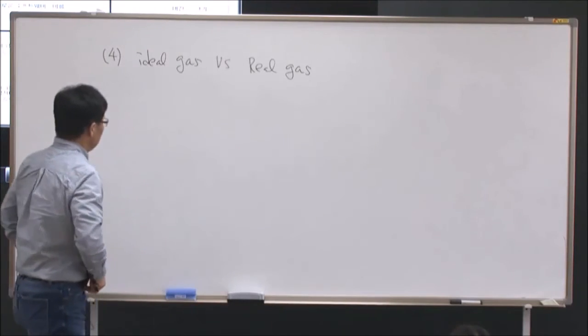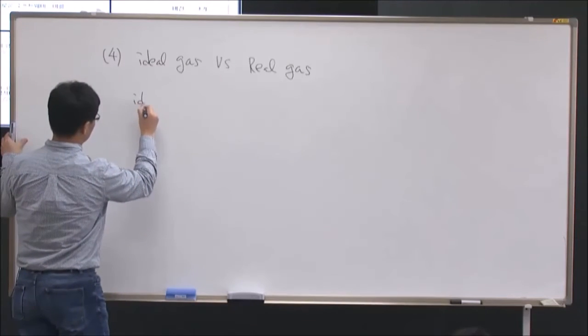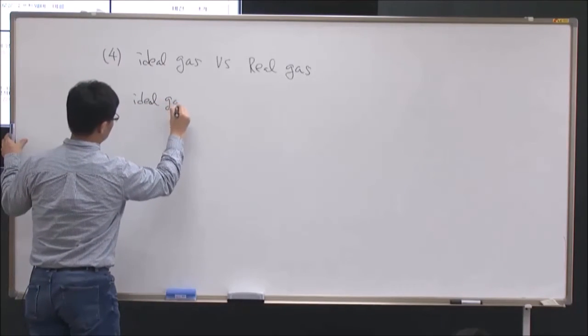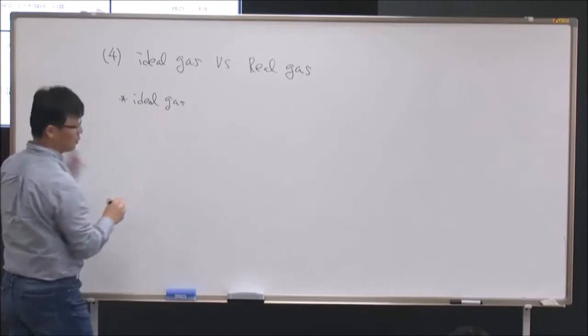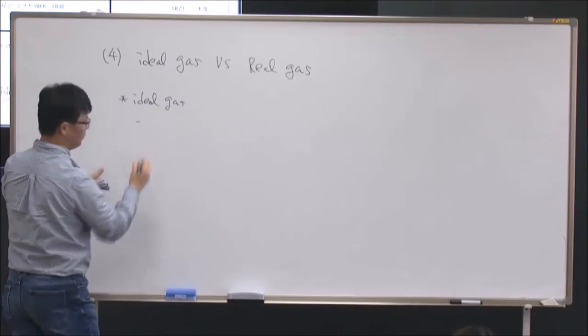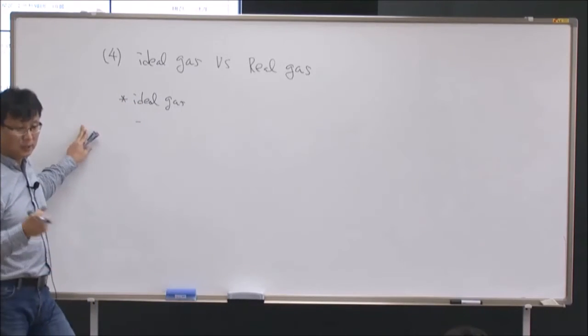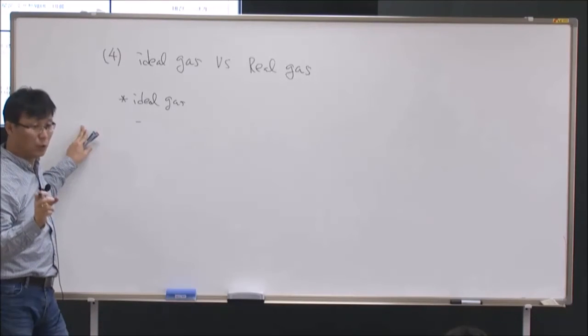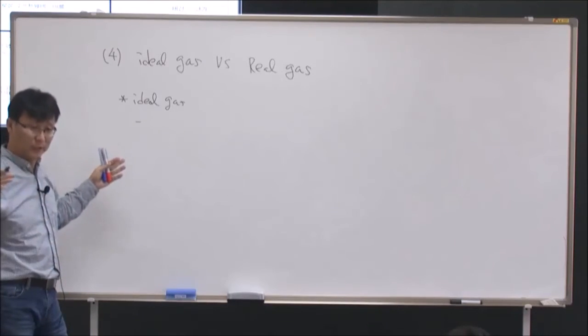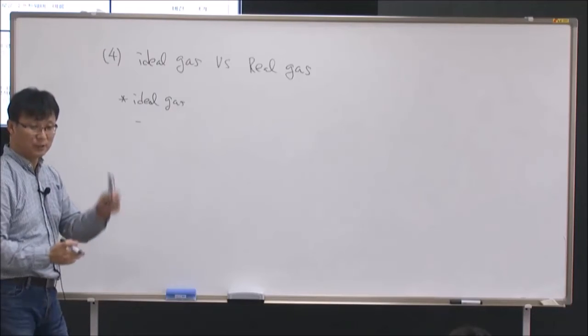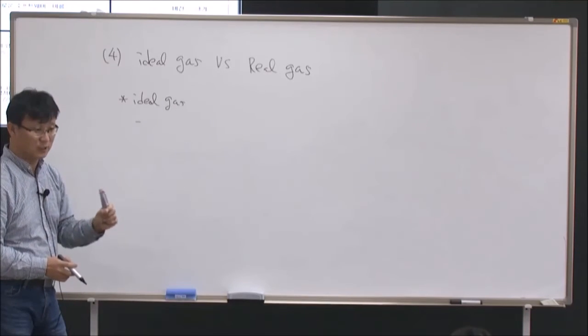So ideal gas. The assumption of the ideal gas is two things. One, the particles of the gas have no volume. So when you shrink it to 0 Kelvin, volume becomes 0. That's the ideal gas, yeah.